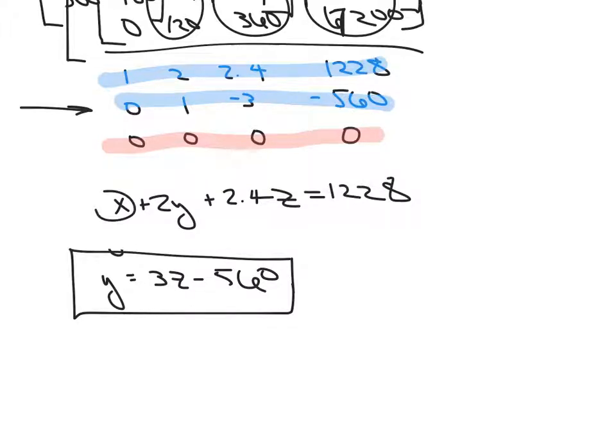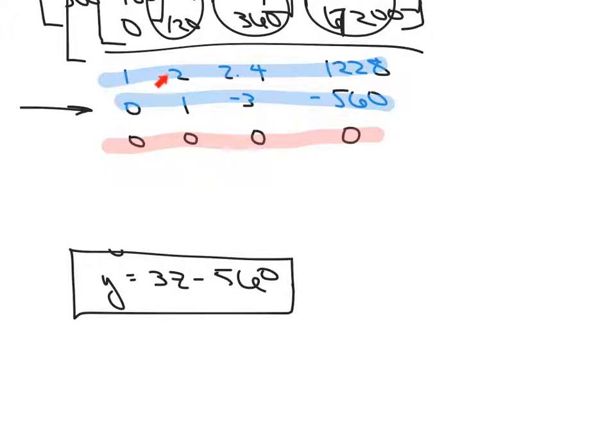I have an X, a Y, and a Z. I don't want that Y. I want it set up so that X or Y equals just something with a Z. So I've got to go back and look at my matrix again, and I need to make this a 0 so that my X is 1, my Y goes away, I have a Z, and I have it equal to 1228.